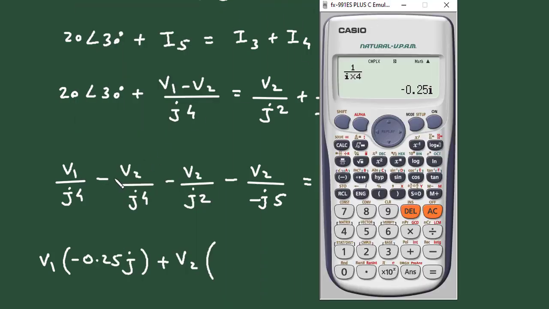So here it will be minus 1 upon J into 4, then minus 1 upon J2, then minus 1 upon minus J into 5, so it is equal to 0.55 J.